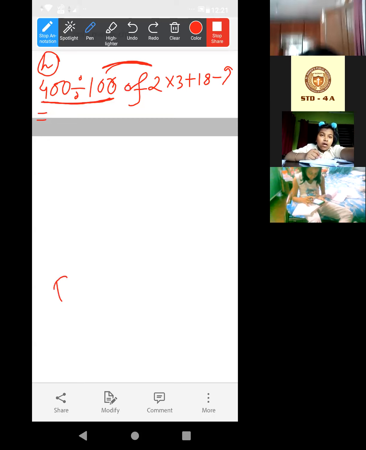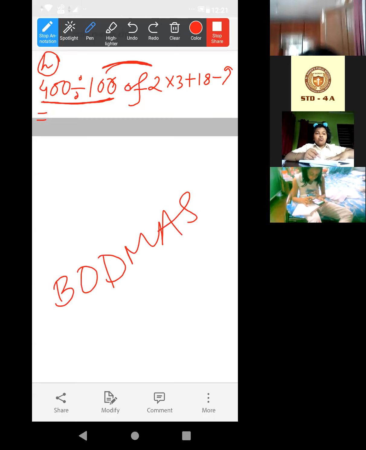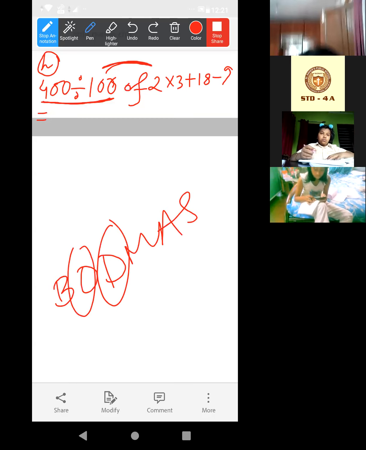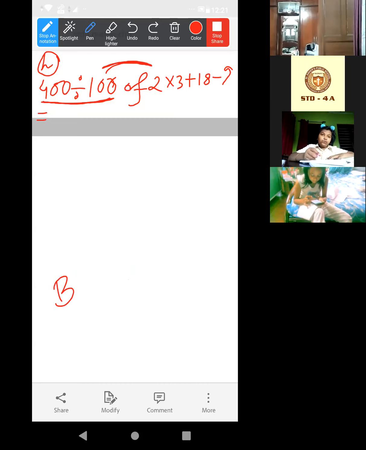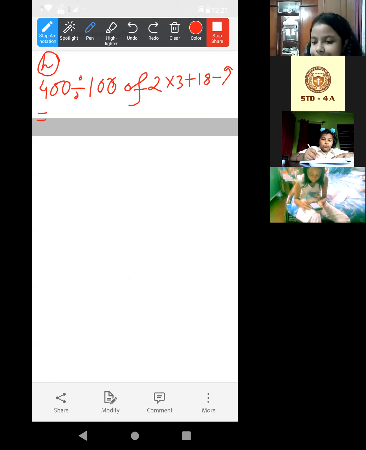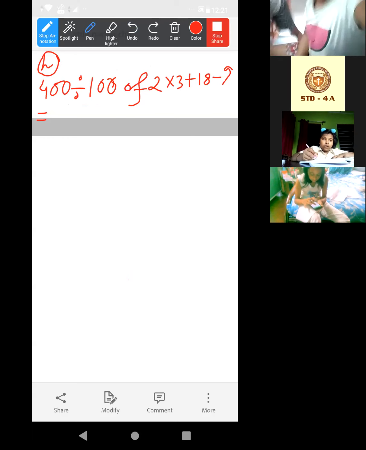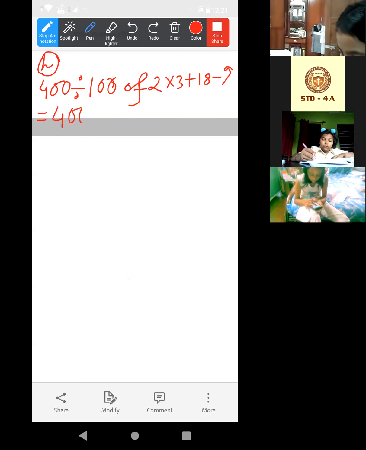Achha, I am writing this one. Now just tell, which one is coming first? Of or division? Of, exactly. So we have to do of. That means 100 into 2, it will be 200. 400 will remain as it is.